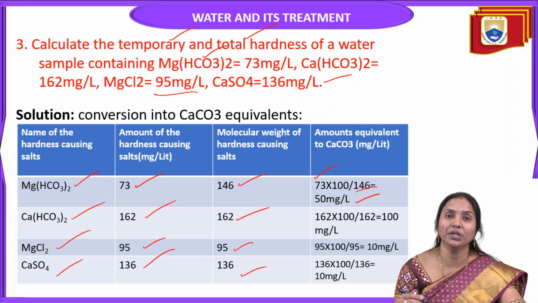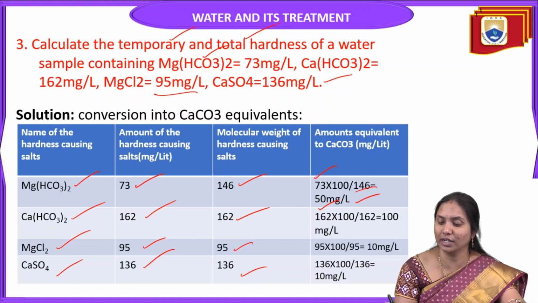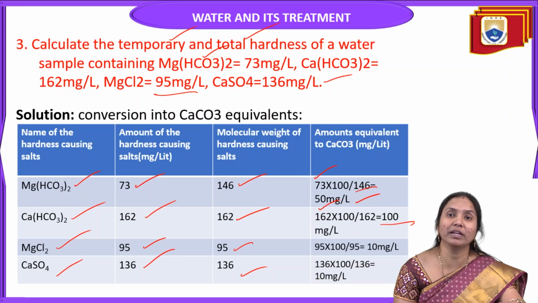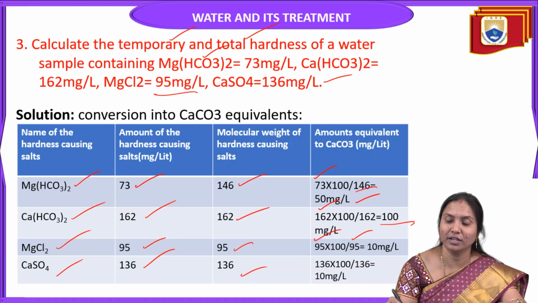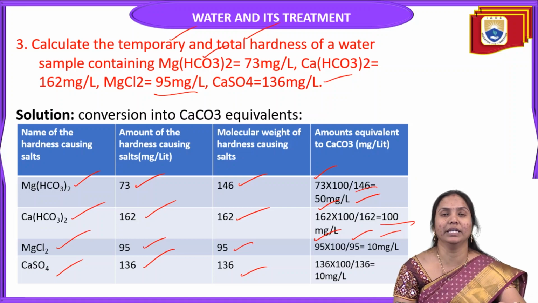Next, calcium bicarbonate converted into equivalent of CaCO3: weight of calcium bicarbonate is 162, molecular weight is the same 162, into 100, we get 100 milligram per liter. Next, magnesium chloride: weight is 95 and molecular weight is 95, so 95 by 95 into 100 is equal to 100 milligram per liter.